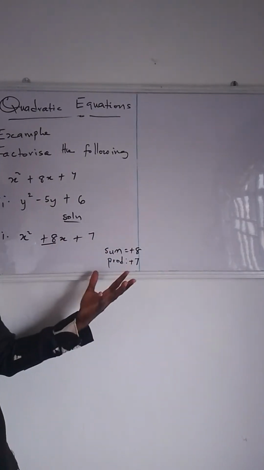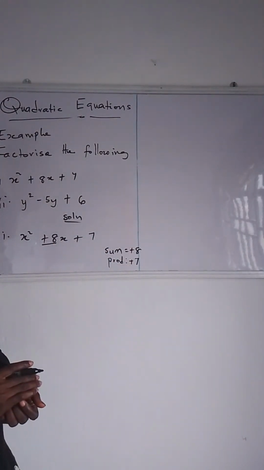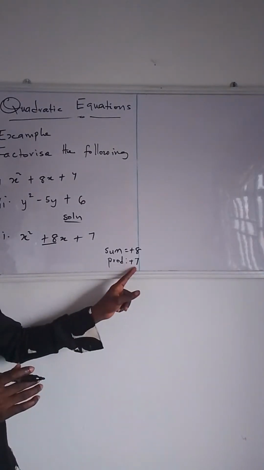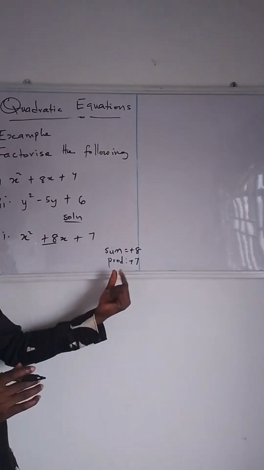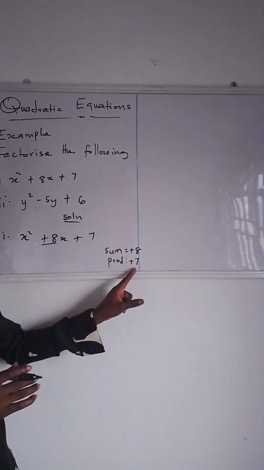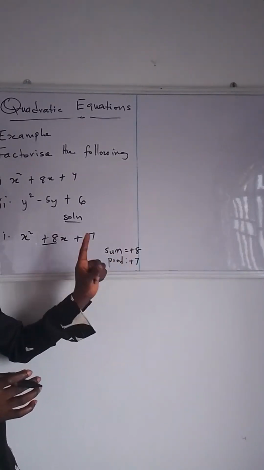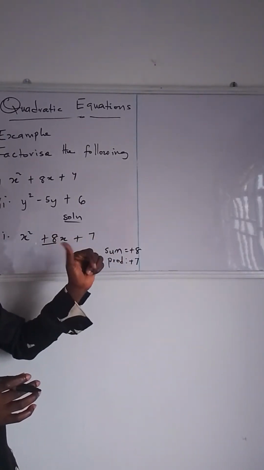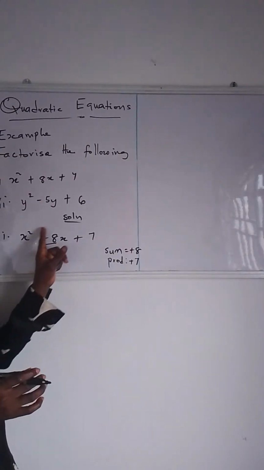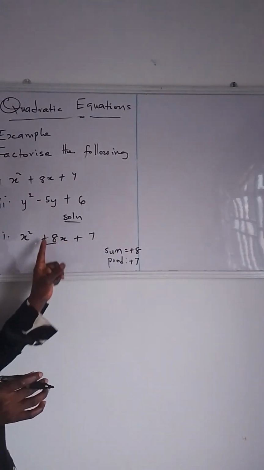So looking at it now, it's going to be 1 and 7. When you multiply 1 and 7 together, you have 7. When you add 1 and 7 together, you have 8. So the two numbers are 1 and 7. So now I have an idea of dividing this 8x.